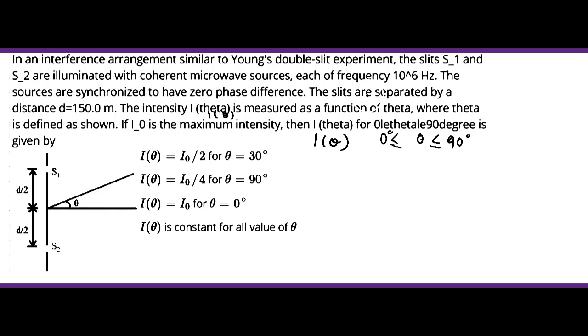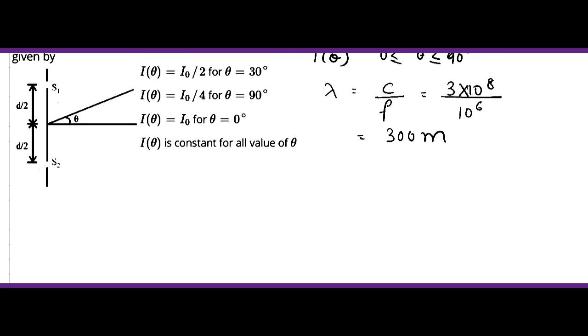Since we have frequency 10⁶ Hz, we can find the wavelength, that is c by f. c is 3 into 10 to the power 8 meters per second, the speed of light, upon frequency 10 to the power 6. So this turns out to be 3 into 10 to the power 2, that is 300 meters. So the wavelength used is 300 meters, and we have d equal to 150 meters.